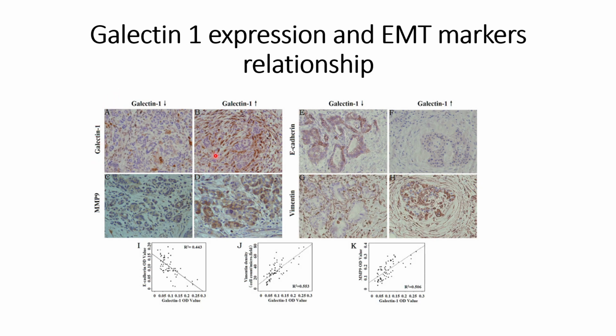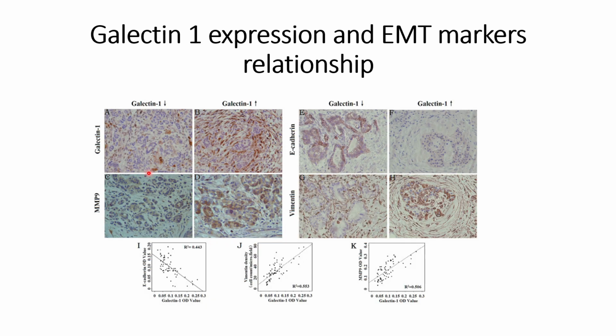What they were able to see is that a decrease in galectin-1 causes a decrease in MMP9 expression, and an increase in galectin-1 causes an increase in MMP9 expression.